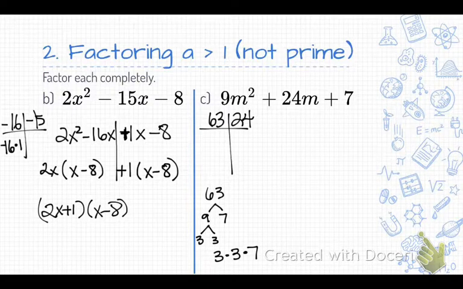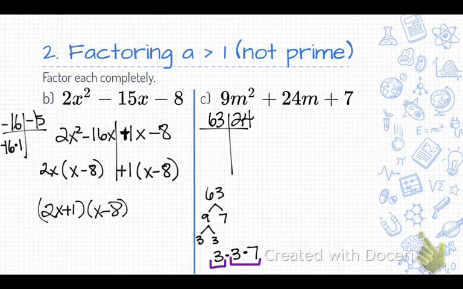But I know that 9 and 7 don't add to 24, do they? Can I use any other combination of these factors and get that to add to 24? So I know 9 times 7 doesn't work, right? 3 times 3 times 7. So I have 3 numbers. Can I multiply them together in any other way? 21 and 3?